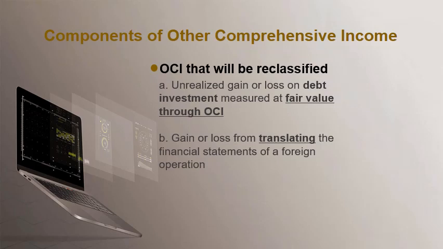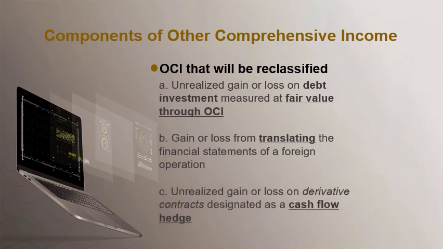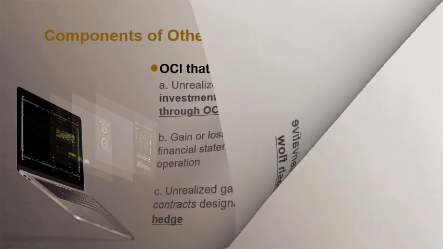There are items of OCI that cannot be reclassified, and if you memorize those, there are a lot. So it is better to familiarize yourselves with the OCI that will be reclassified, because there are only a few items of OCI that can be reclassified. We also have letter C, unrealized gain or loss on derivative contracts designated as cash.